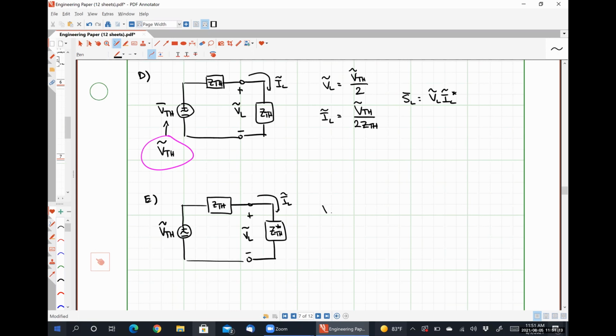Well, now we see that VL is going to be VTH times VTH conjugate over VTH plus ZTH conjugate. IL would be VTH over VTH plus ZTH conjugate. And then we take the complex power from there.